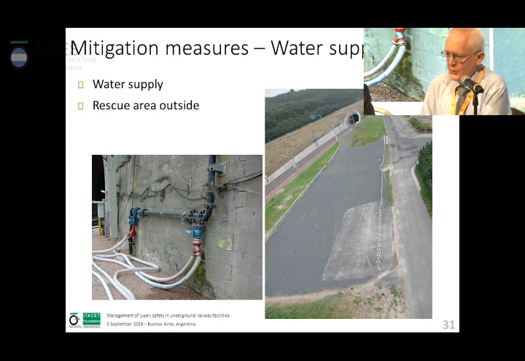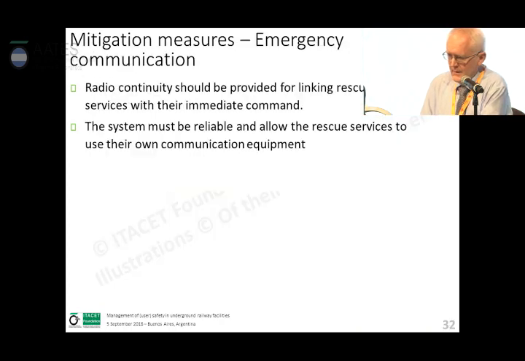So at least in new long distance railway lines or as well urban railway lines, this is becoming or is a standard to have those facilities at rail tunnels. Then, of course, you need emergency communication. You need to be able to communicate with the emergency forces.